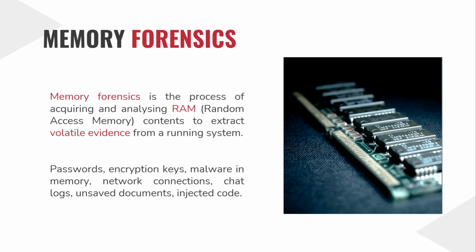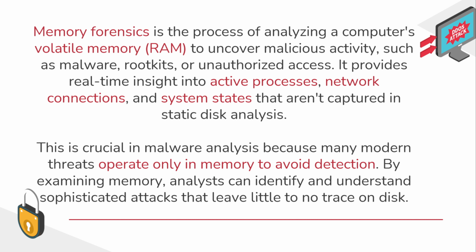Memory forensics is the practice of analyzing a computer's volatile memory to uncover malicious activity and malware such as rootkits and unauthorized access. It provides real-time insight into active processes, network connections, and system states that are not captured in static disk analysis. It is a crucial step in malware analysis because many malware threats operate only in memory to avoid detection.